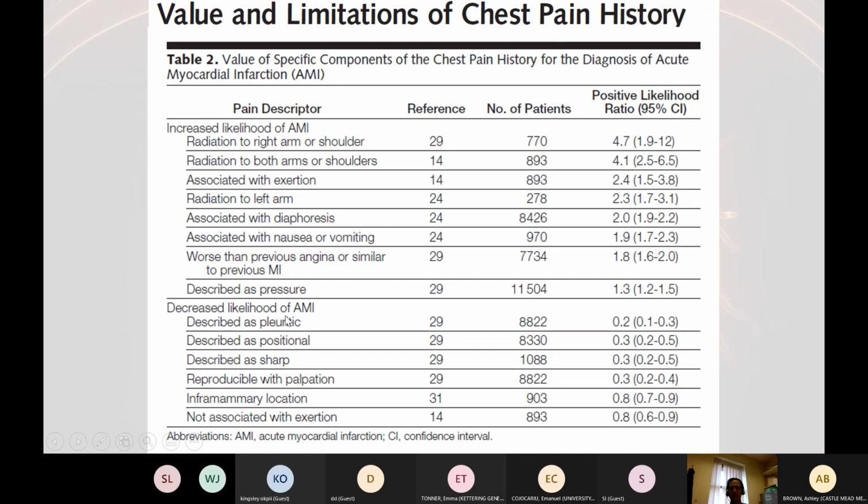What decreases the likelihood? Well, if it's pleuritic, it's very much less likely to be cardiac or less likely to be an acute coronary syndrome. Positional pain, again, that would make you think more of pericarditis, and that makes it much less likely to be acute coronary syndrome. Sharp pain, in my experience, patients often think any severe pain is sharp.